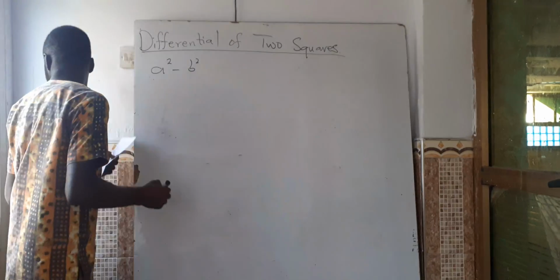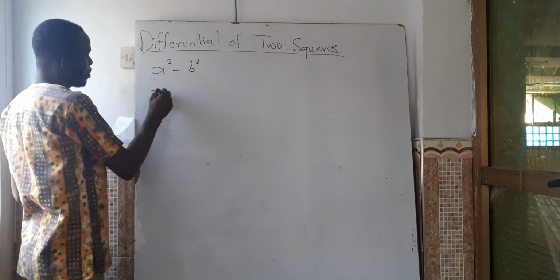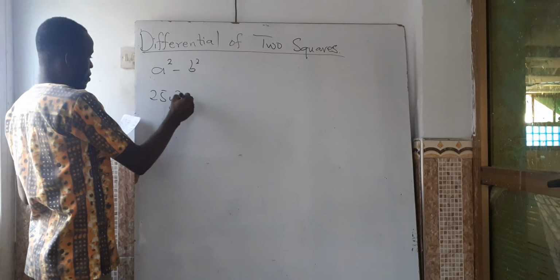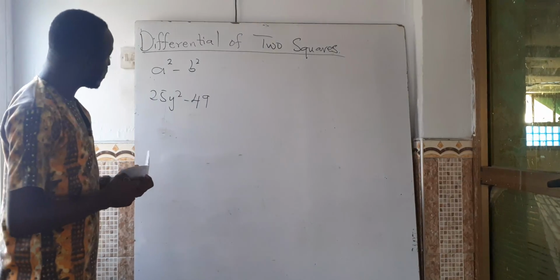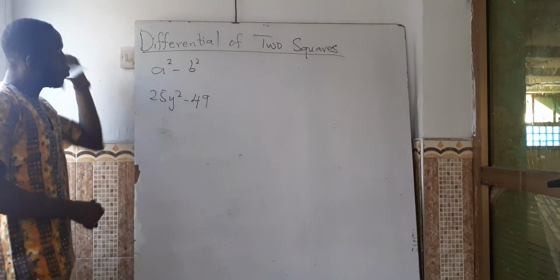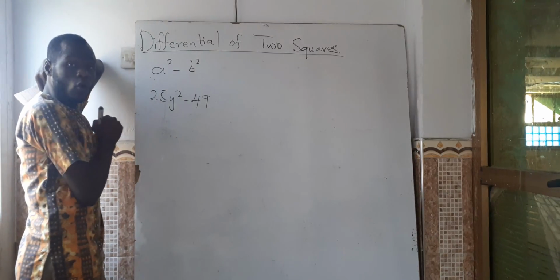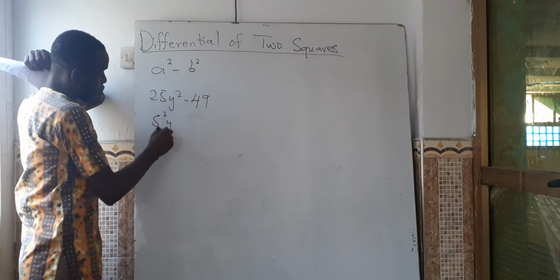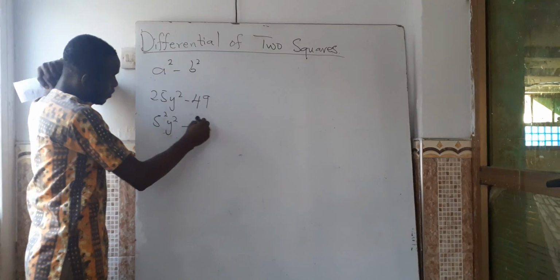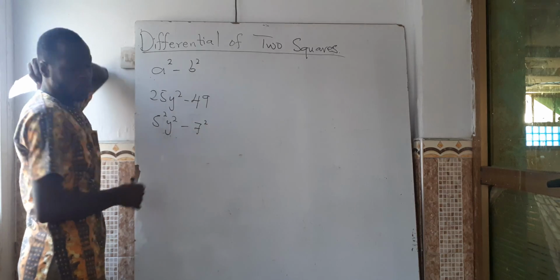So an example is, if I have 25y squared minus 49, and I want to have this in difference of two squares. We know that 25 is a perfect square of what? 5, okay? So 5 squared y squared minus, and then 49 is a perfect square of what? 7. So 7 squared, okay?